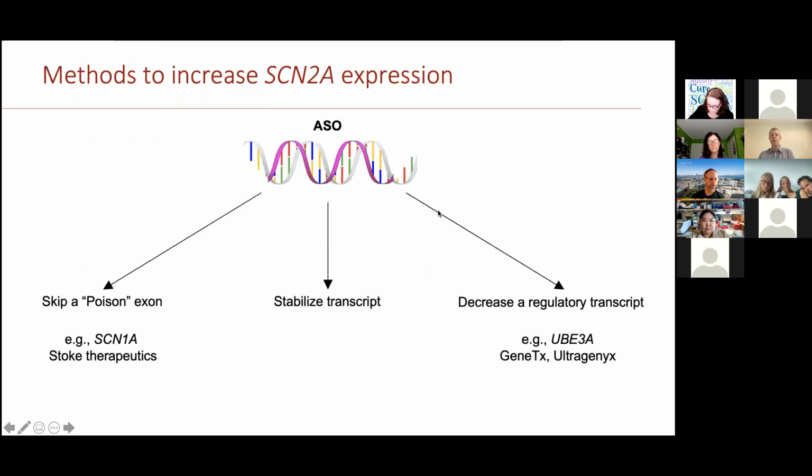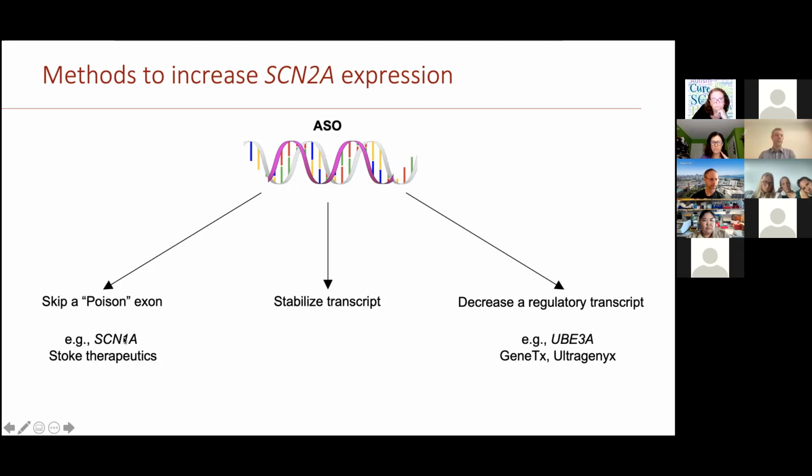I think at the moment there are 3 concepts of how you might increase gene expression in SCN2A. The first one is trying to skip what's called a poison exon. There's the normal version of SCN2A, but there's also lots of extra bits which sometimes get included. Those are called exons.